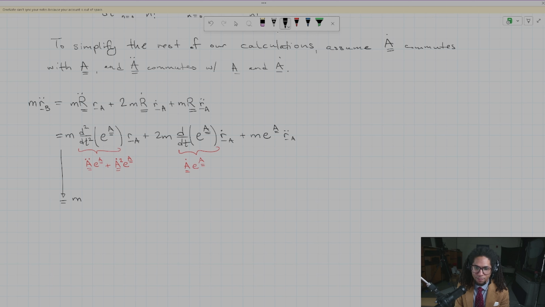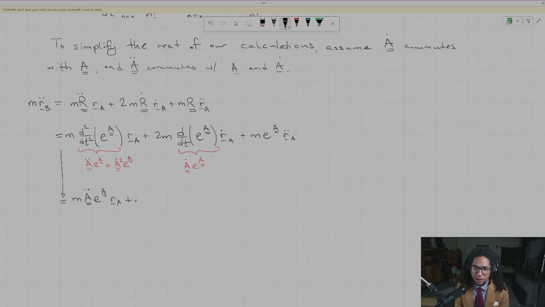Okay, let's keep going with this computation. So we'll get m A double dot e to the A times r in the A coordinate frame, or the A reference frame, plus 2 times m times A dot, I forgot my second term, oops.